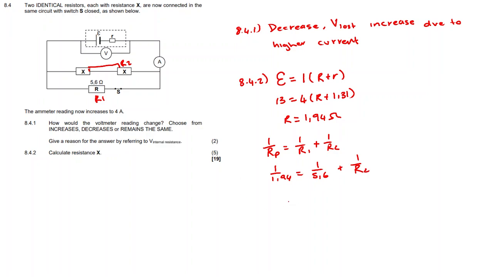And if we rearrange and calculate that, we should get R2 to be equal to 2.97 ohms. And since we have two identical resistors, we can say that X is equal to a half times the value calculated, and we should get 1.49 ohms.